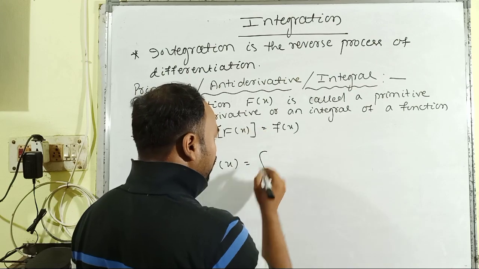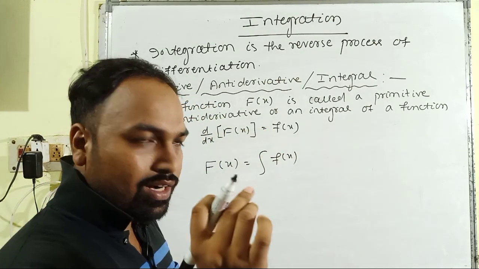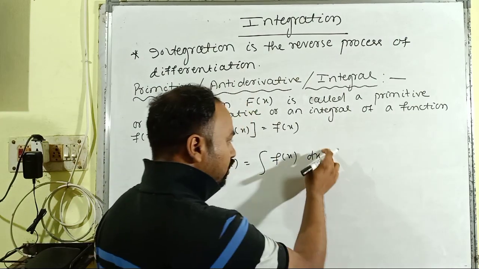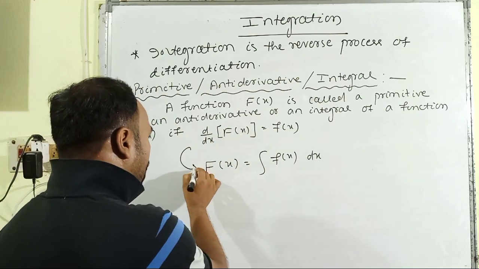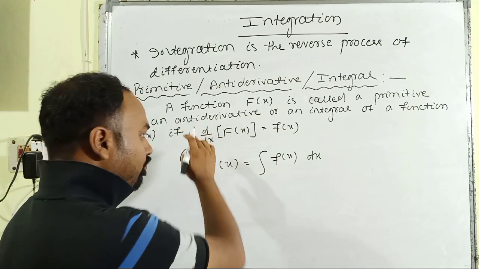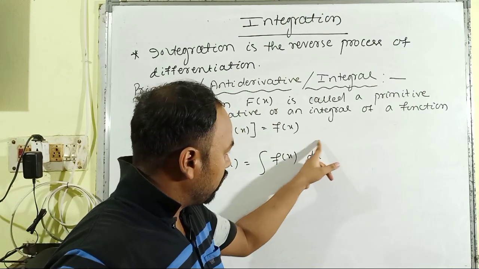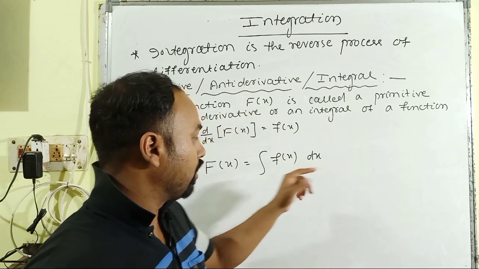So it is the integral of small f of x, integrated with respect to x. This is the operator. In differentiation the operator is d upon dx, but in integration, dx is the operator.